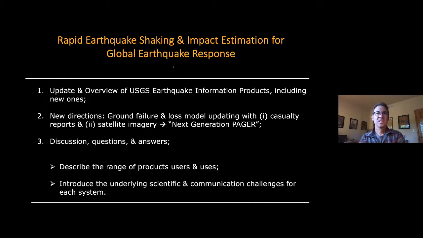I'll also take you down a path of some new directions that we're currently working on in terms of updating these models based on imagery and ground truth information that comes in after a significant disaster. We'll also have time for discussion and questions and answers, but during these topics I will be describing the range of users and uses of each product, as well as the underlying scientific challenges and communication issues that we have for each system.